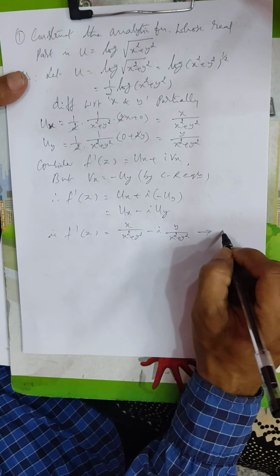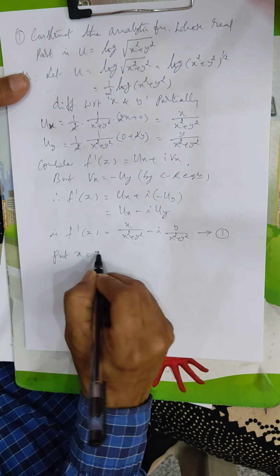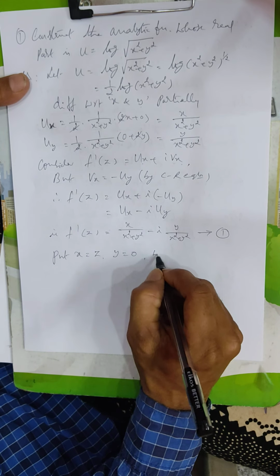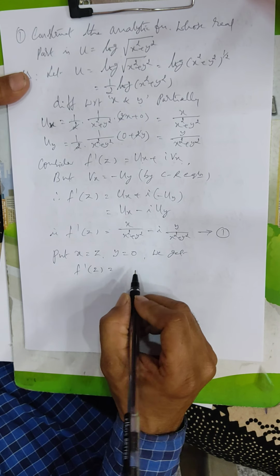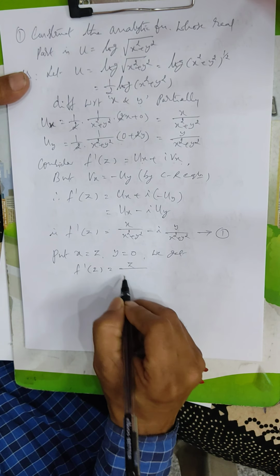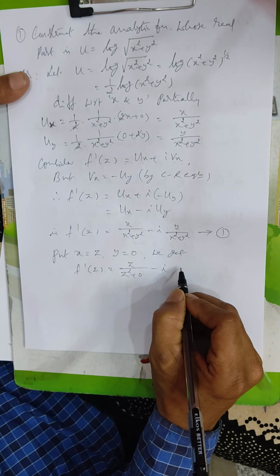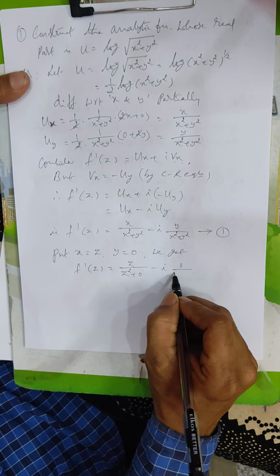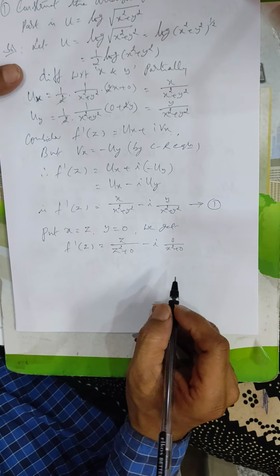So it is equation 1. And now let us substitute x is equal to z, y is equal to 0. We get f dash of z is equal to z divided by z square plus 0 minus i into 0 divided by z square plus 0. So the entire second term becomes 0.